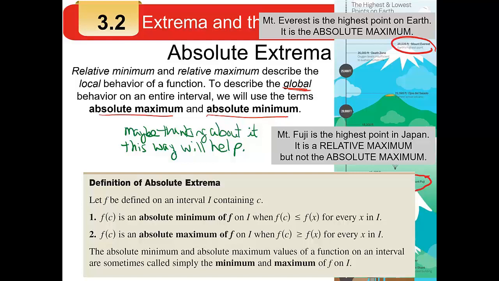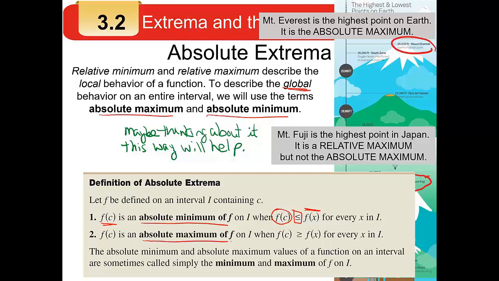Again, I'm going to put up this definition, but it's not something to be memorized. It's something mainly to be put back as a reference. All it's saying is that a function value is an absolute minimum if that function value is smaller than every other value on the whole interval that you're looking at, everywhere, not just locally.